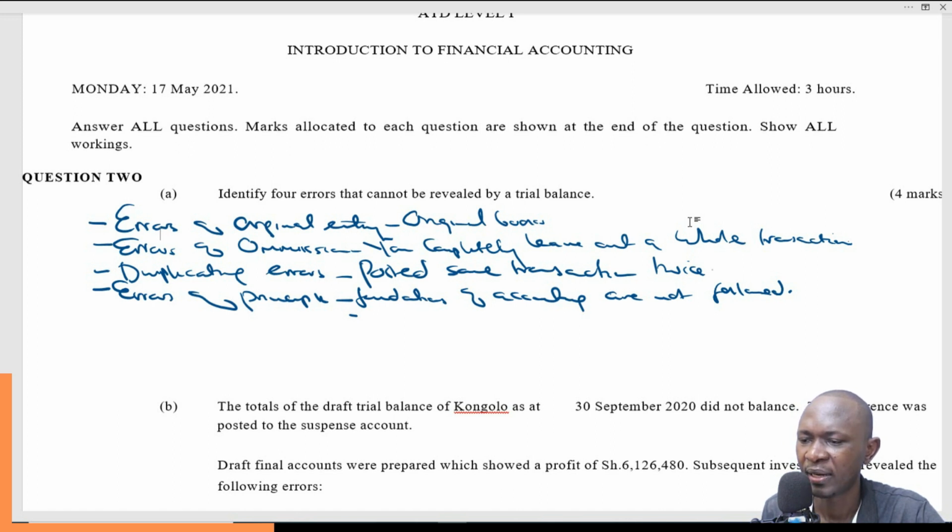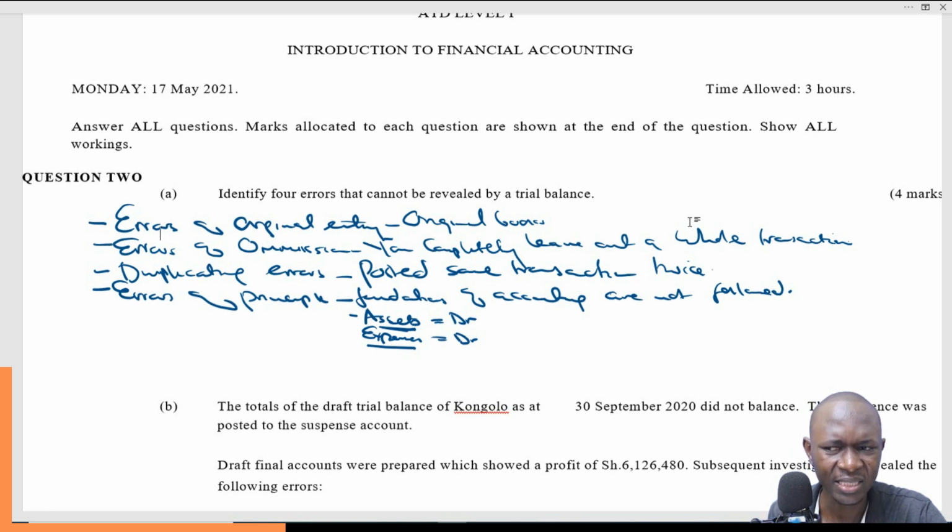We are talking about assets are debit entries, expenses are debit entries. So you post an expense in an asset account. Of course, all of them are debits. Expense is a debit account, asset is a debit account.